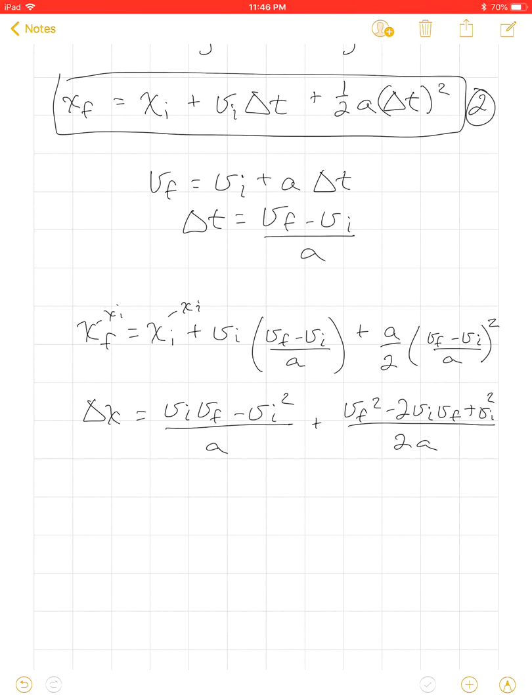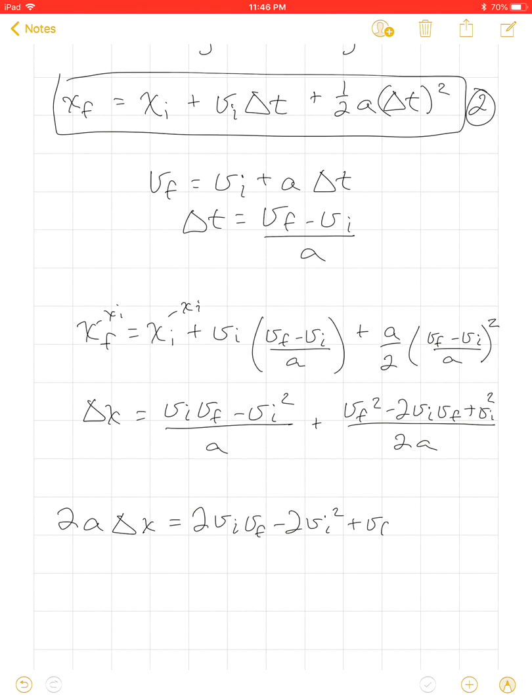Okay. Next, I'm going to multiply the whole equation through by 2a. So on the left-hand side, we'll have 2a times delta x. And on the right-hand side, we're going to have 2 vi vf minus 2 vi squared. Okay. On the right-hand side, since we multiplied by 2a, the whole denominator just goes away.